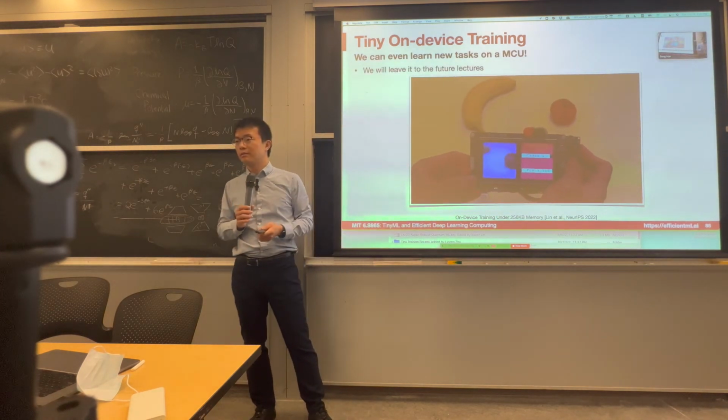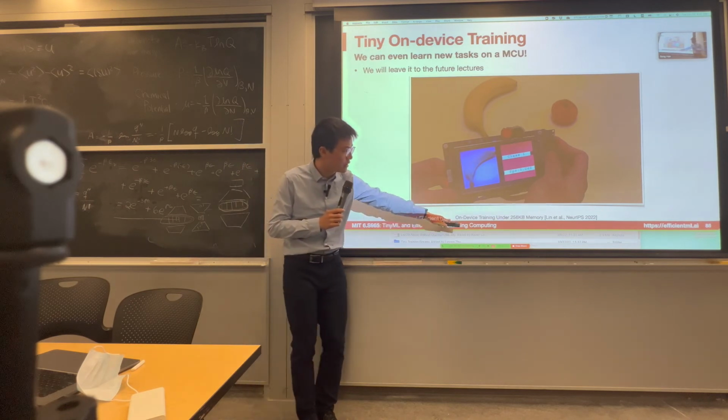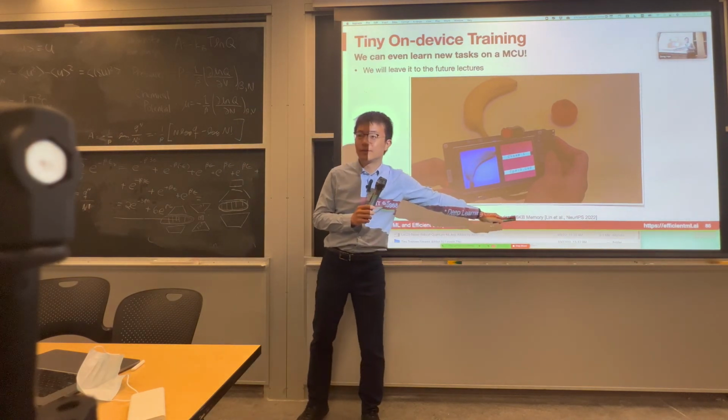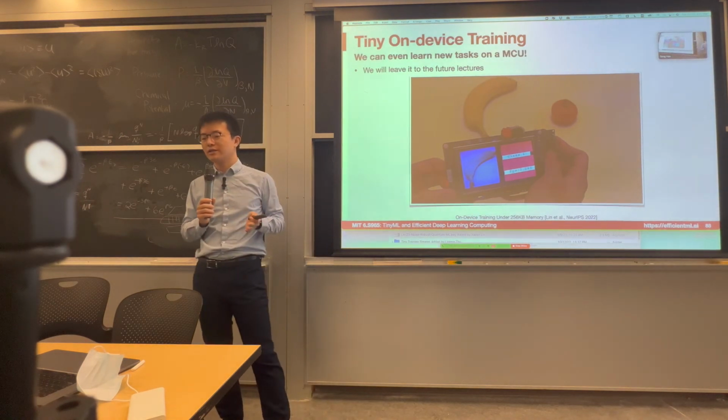Question? Is that TinyTL? TinyTL only proposes to update the bias. This technique is our new publication at NeurIPS 22 called On-Device Training Under 256KB of Memory, which introduced a new idea, sparse layer and sparse tensor update, and also uses 8-bit quantization to quantize the training.